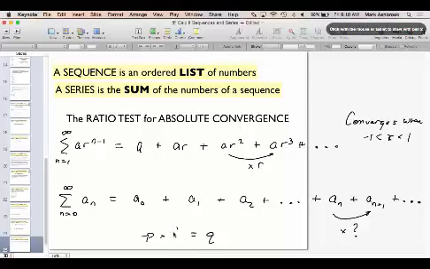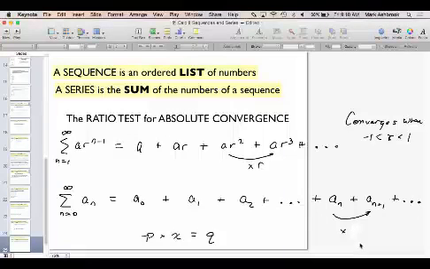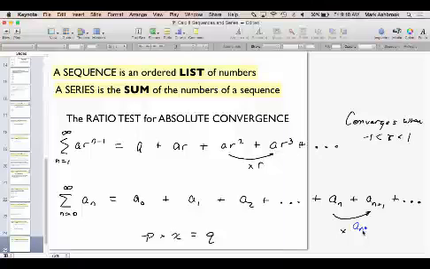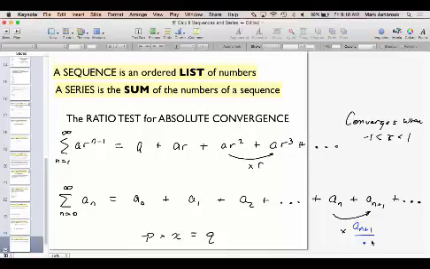So call it X and solve for X. What does X equal? Q over P, right? So what do we multiply an by to get an plus 1? An plus 1 over an.